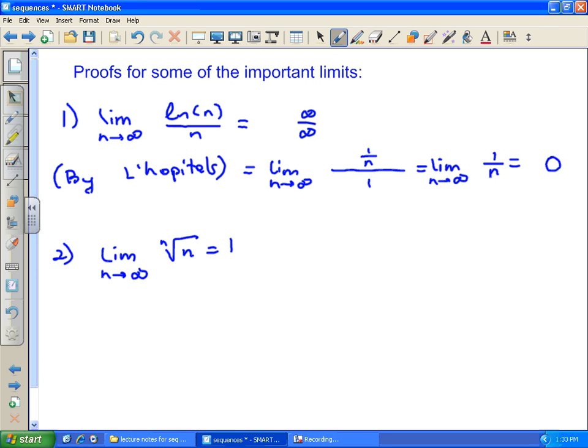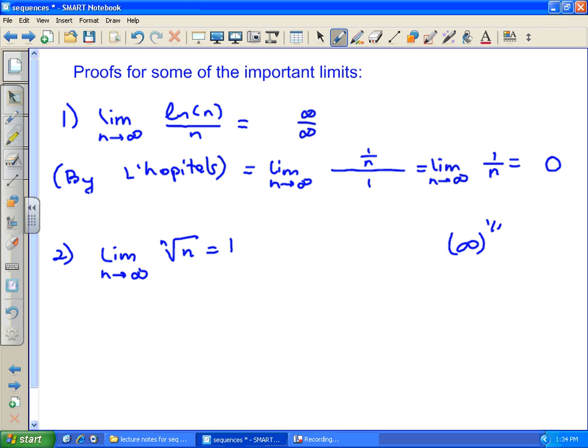If you try to plug in the value, let's see what we have. Do we have infinity over infinity? Do we have infinity minus infinity? What we have is infinity to the power of... the nth root can be written as a power of what? 1 over n, right? So this is the same as infinity to which power? 1 over infinity.